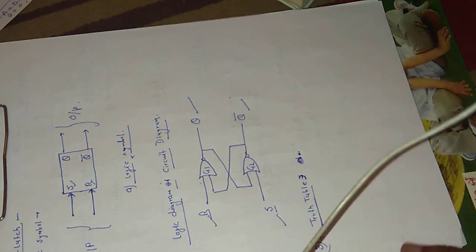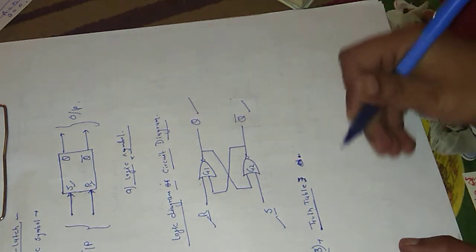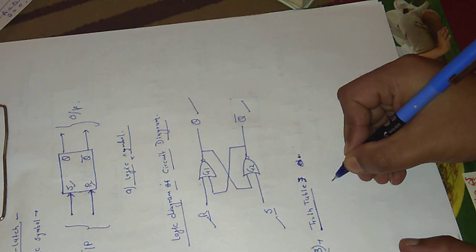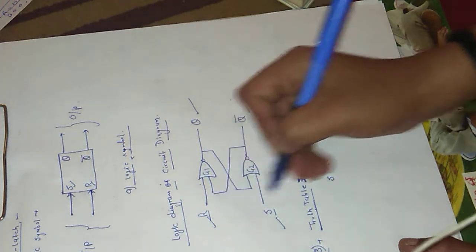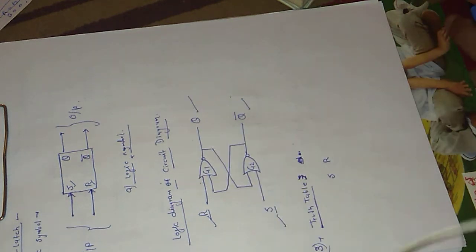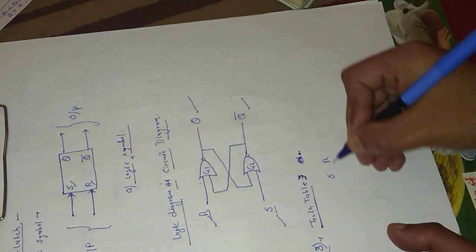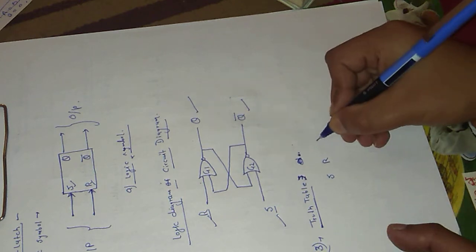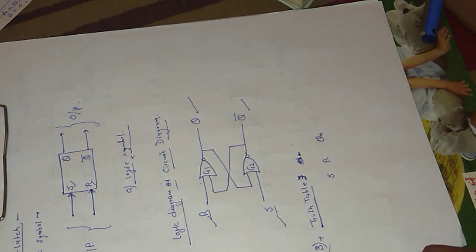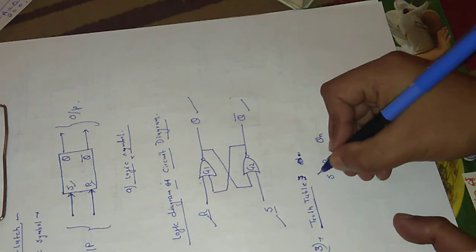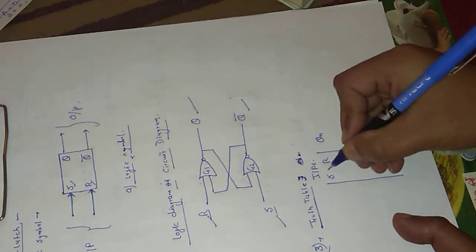In this case, first of all, we will draw a truth table. First we will write down the present inputs, S and R. So here are two inputs, S and R. We write the first two columns of the table as S and R. Now we can write the present state of the output.